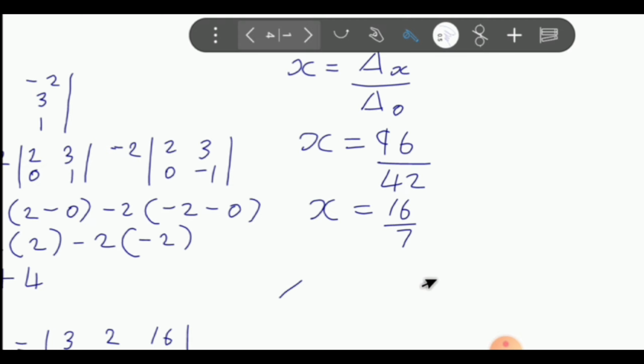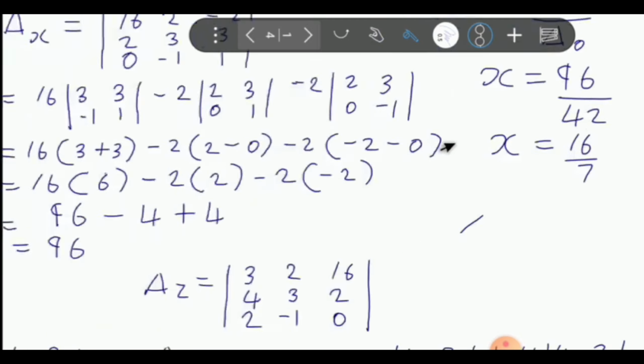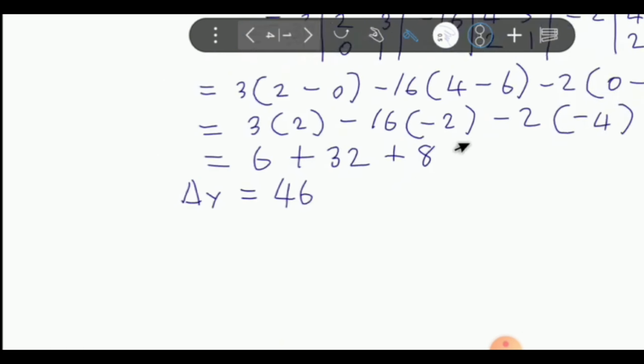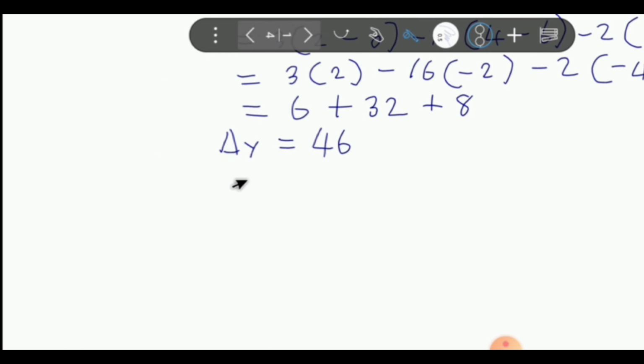So now let's look for y. We apply the same principle for y. So y will be equal to change in y over change in naught.